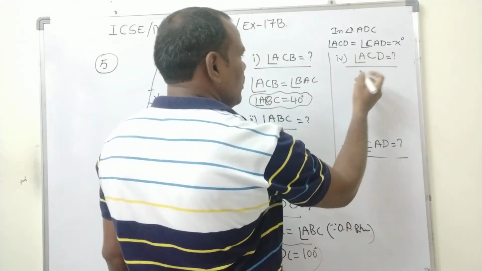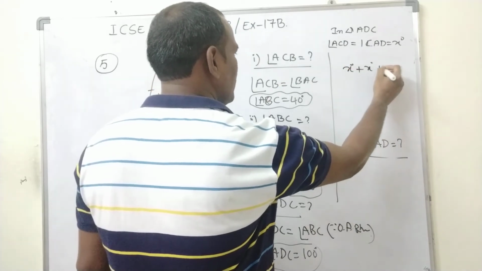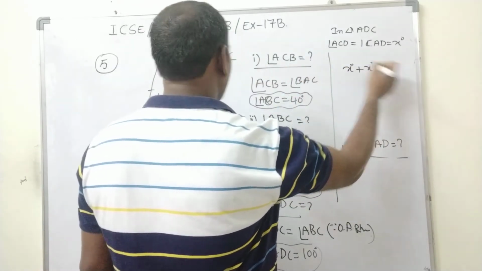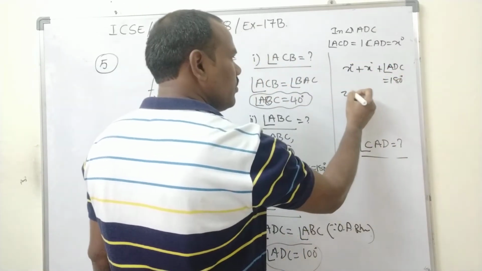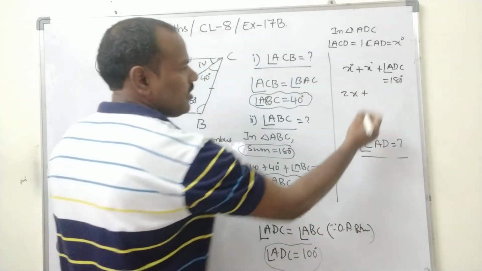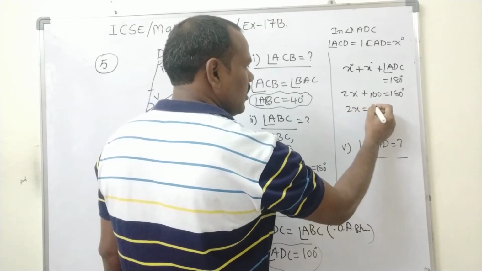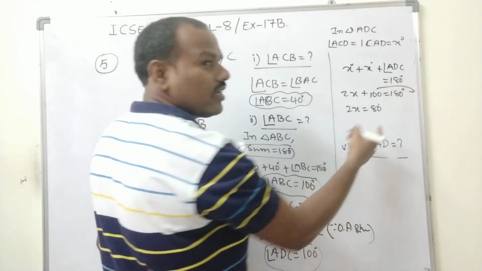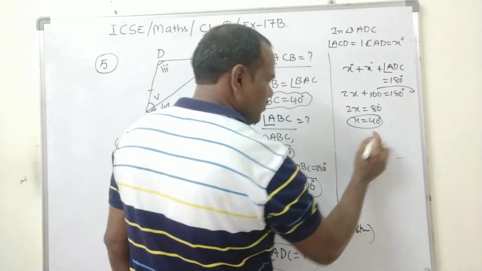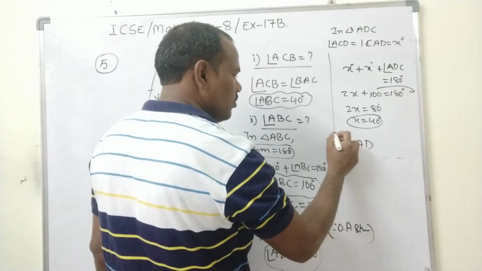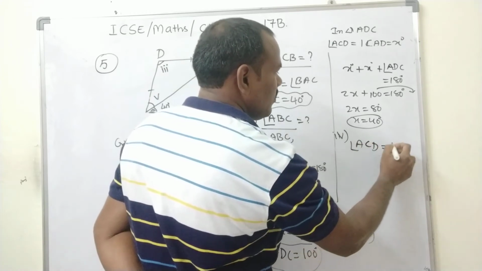Now we can see x degrees plus x degrees plus angle ADC is equal to 180 degrees. So 2x plus the ADC value we already calculated, 100, equal to 180 degrees. So 2x equal to 80 degrees, because when you subtract 100 you get 80. x equals 40 degrees. Therefore angle ACD is equal to 40 degrees.